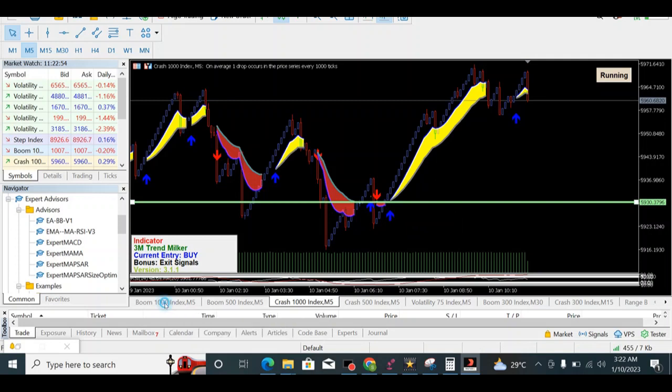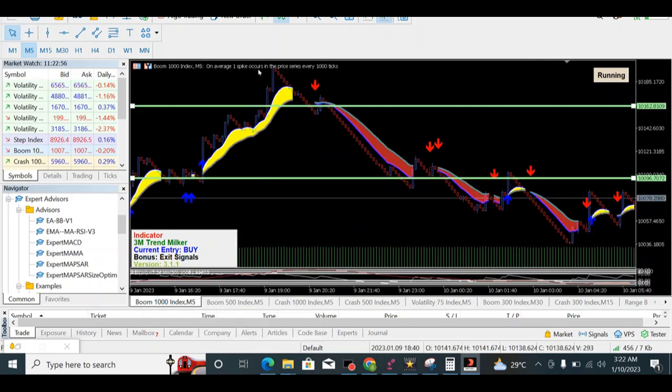But for boom 1000, make sure it is coming from the resistance zone, make sure you've seen the red flag, and make sure you have a red arrow popping out. Then you can come in at that point. Sometimes the market will range a bit, but it will only delay you from getting to your destination, but you will definitely get there once you use a reasonable lot size that your trading capital can manage. So that is very, very important.